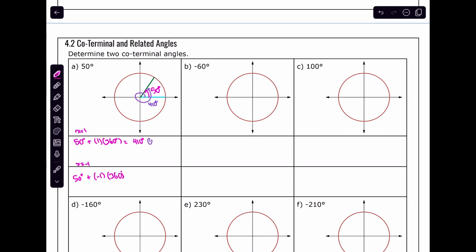So this is going to be minus 360. So that's going to give me negative 310 degrees. So when I graph that, it'll look something like this.